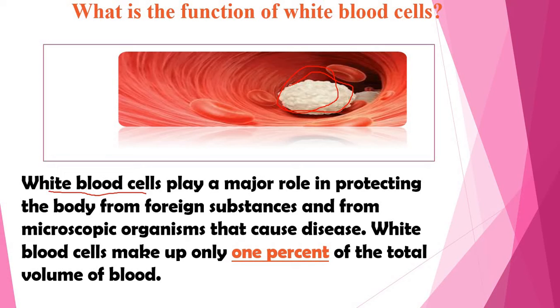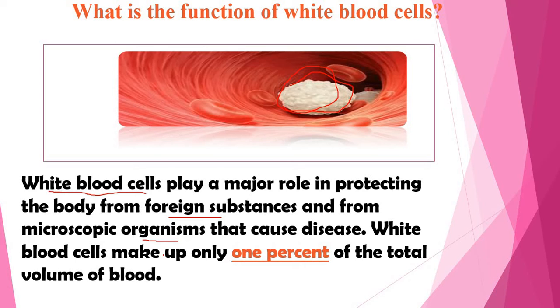Because they play a major role in protecting the body from foreign substances and from microorganisms which can cause disease. If you can remember our lesson in ecology, organisms that cause disease, which we called parasites, the function of white blood cells is to destroy these organisms to protect our body from getting ill.